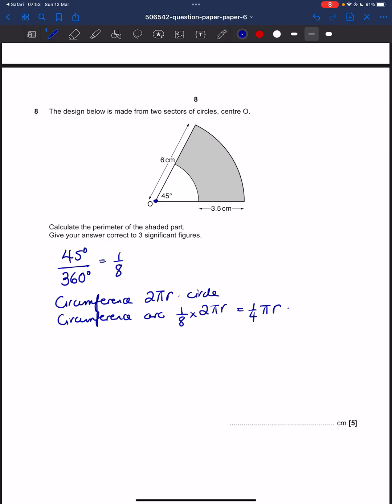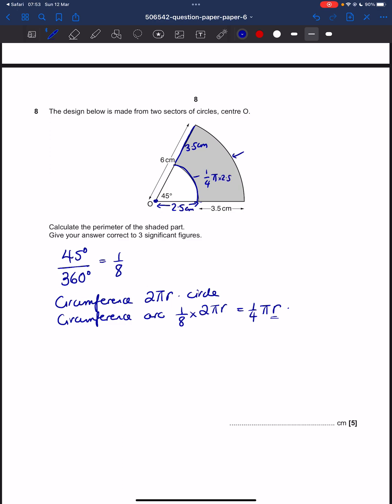Okay, so we need the perimeter of the shaded part. So that part is 3.5 centimetres, because that's there. This radius here, because we need the radiuses to work out that one there. So that one there is going to be 1/4 of pi times the radius of this circle here, and that's going to be 2.5 centimetres.